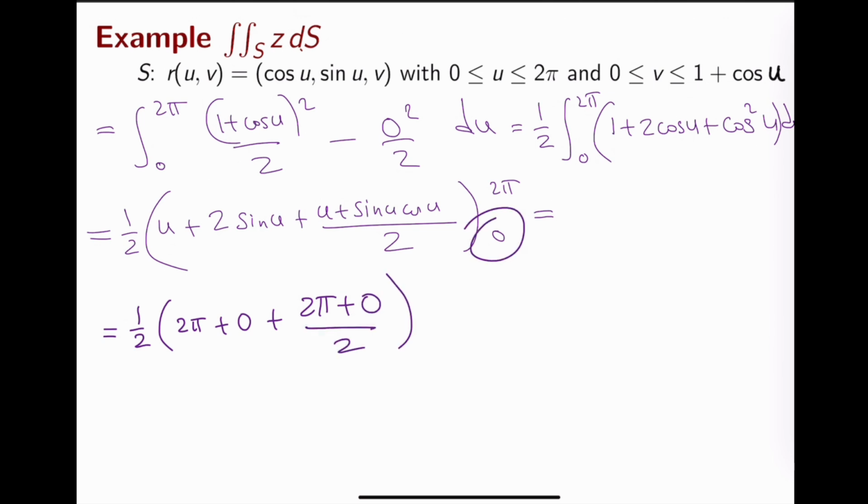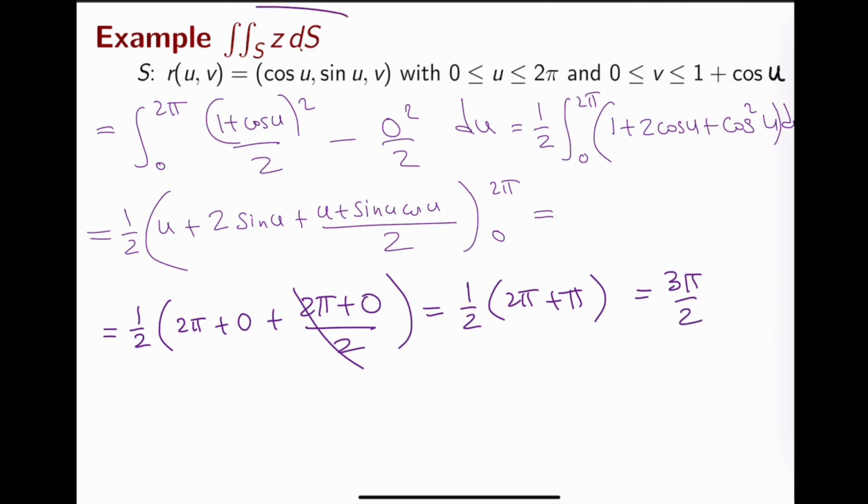And when we subtract, everything evaluated at 0 will be 0, so this is the final result. So this is 1/2 times 3 pi, so the final answer is 3 pi over 2. So the surface integral of this function is equal to 3 pi over 2.